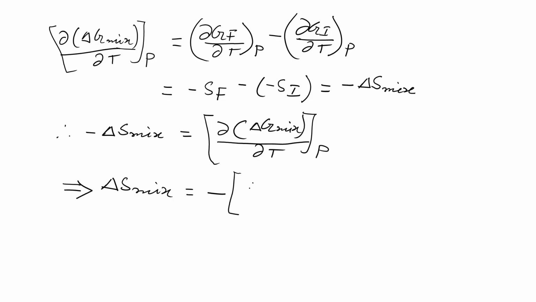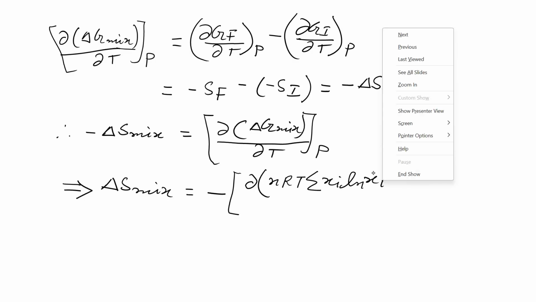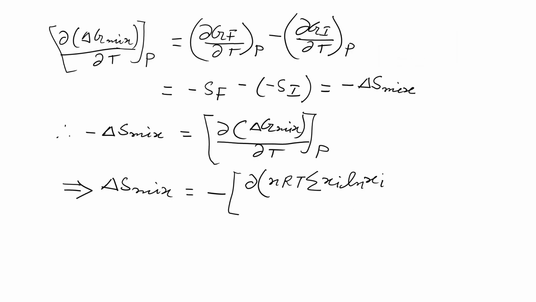Delta G mixing is nRT summation of xi ln xi, where xi is the mole fraction of the ith component.